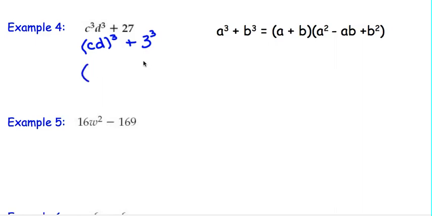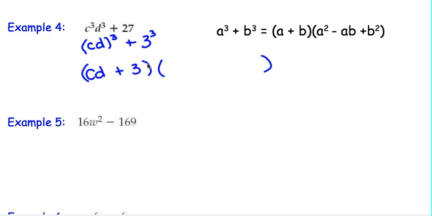The first set's going to be smaller. The second set's going to be a little bit longer because I'm going to have 3 terms in it. So I write down A plus B, which in this problem is going to be CD plus 3.